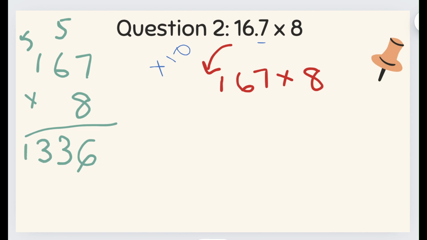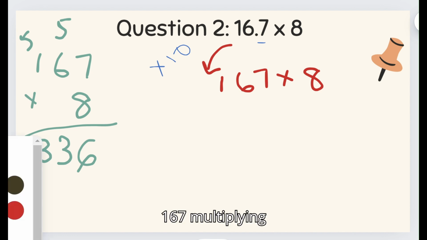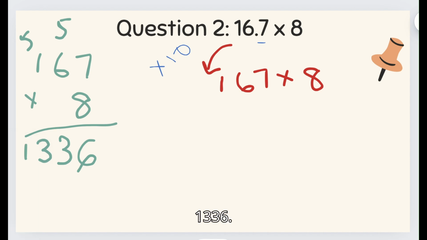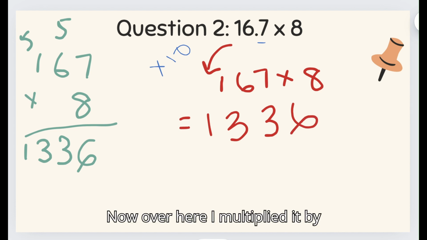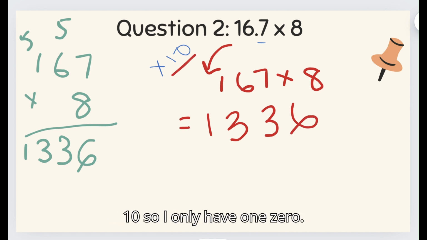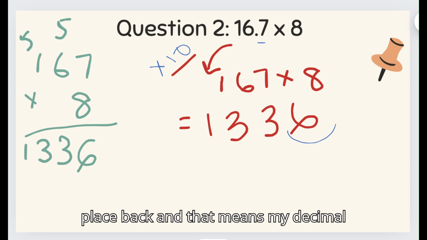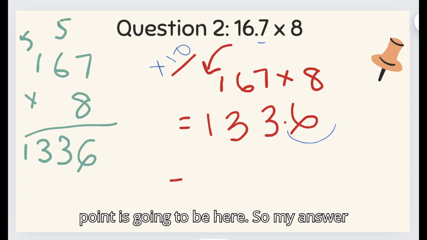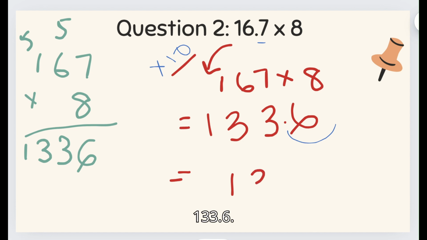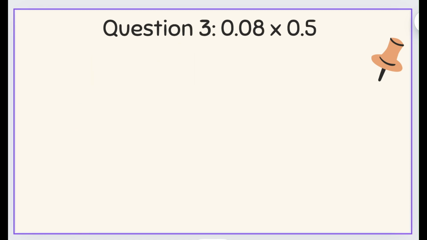So my answer to 167 multiplied by 8 is 1336. Now over here, I multiplied it by 10, so I only have 1 zero. So I'm going to take this decimal one place back, and that means my decimal point is going to be here. So my answer for this question is going to be 133.6.